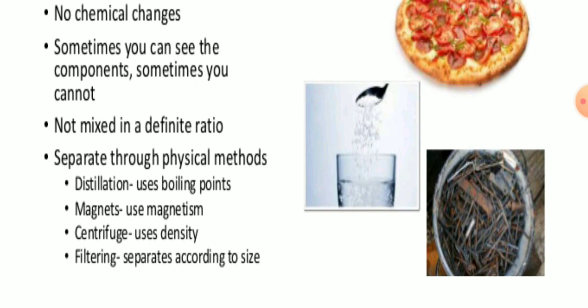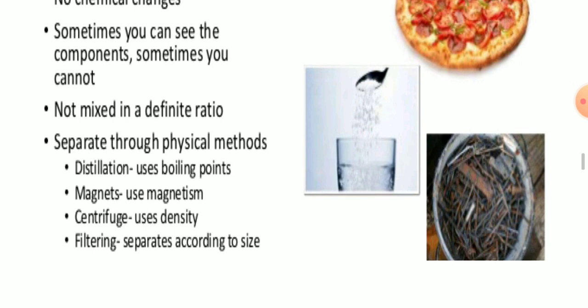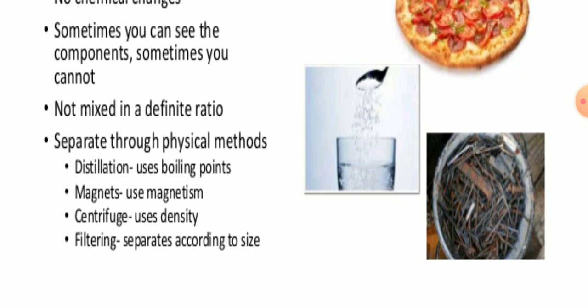If you filter this solution, the sand particles are separated out. So filtering separates according to size. Big particles are separated out using filter paper. That is the process of filtering.